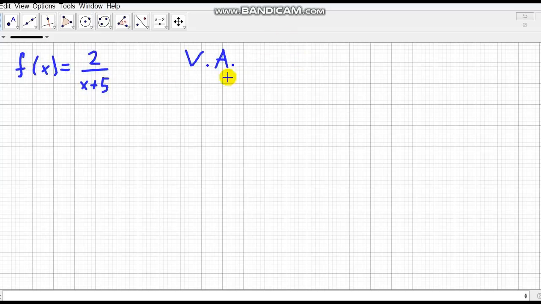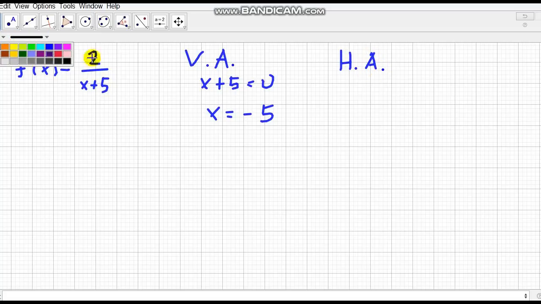So let's solve for the vertical asymptote. This is x plus 5 equals 0, or x equals negative 5. Therefore, the vertical asymptote is x equals negative 5. For the horizontal asymptote, the degree of the numerator is 0, since there's no variable, and the degree of the denominator is 1, since there's only x.